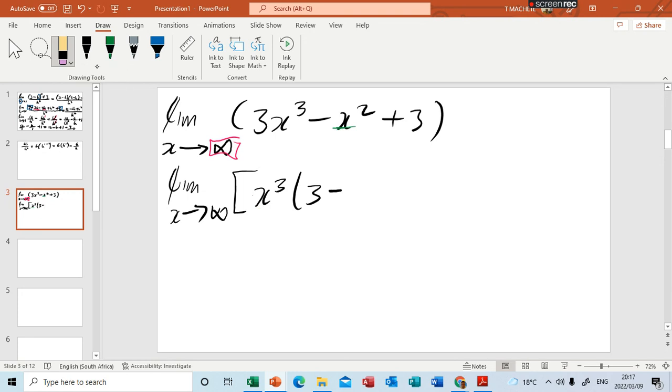Since we factored out x cubed, we are done with this one. Now how can you get x squared if you multiply it with x cubed? You're gonna say minus x, minus 1, x cubed over x squared.